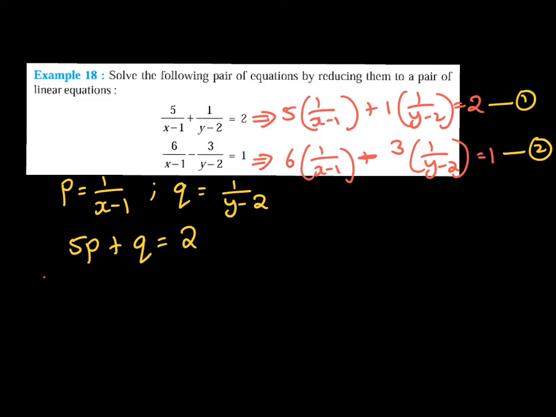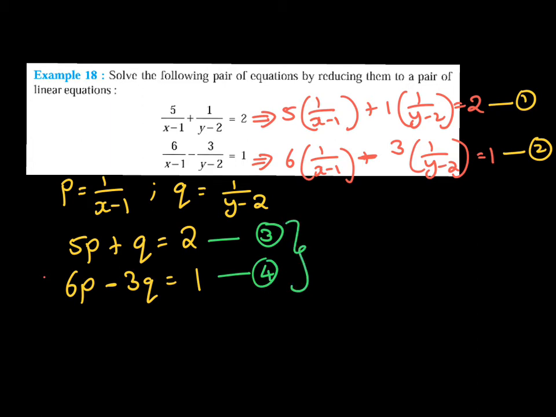And equation 2 will become 6p minus 3q equal to 1. Let us label these equations as equation 3 and equation 4. Now they form a pair of linear equations in the variables p and q, and we can easily solve this pair of linear equations by any method.